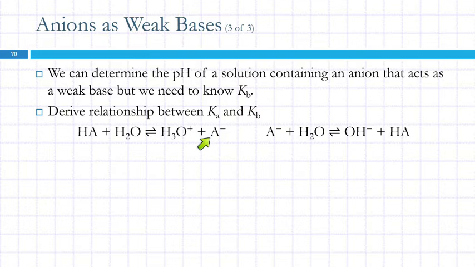That's our anion that acts as a weak base, because the anion can react with water to form hydroxide and HA. You see where those two equations are coming from? This is the acid doing its thing with water. This is the anion, which is the conjugate base, acting as a base with water. Okay?